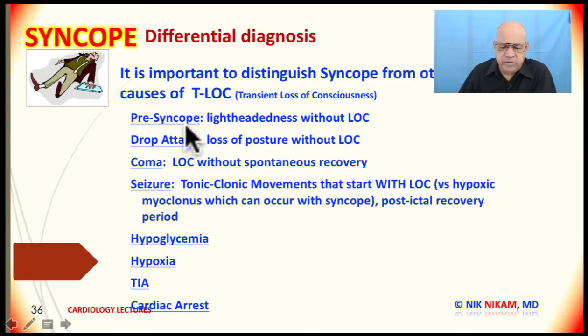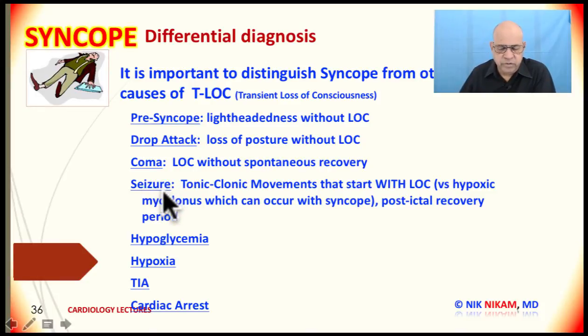There's pre-syncope, which is characterized by lightheadedness without loss of consciousness. Then we have the drop attack, loss of posture without loss of consciousness. This can happen in patients with muscular problems, muscular dystrophies. Then there is loss of consciousness without spontaneous recovery.